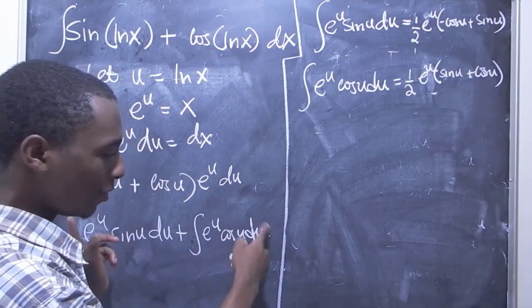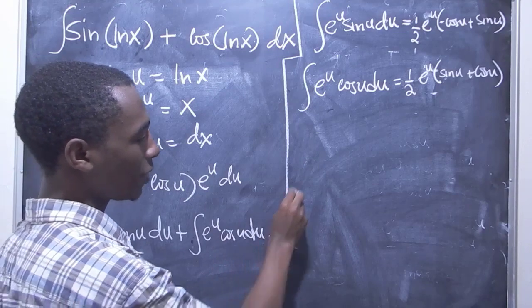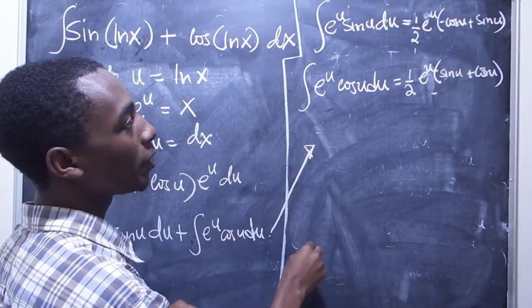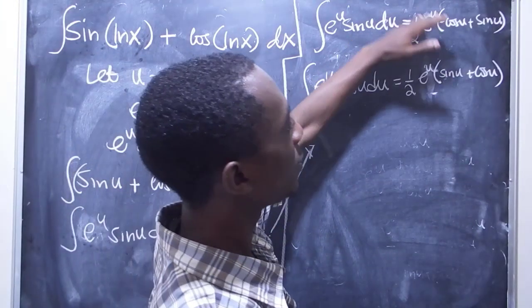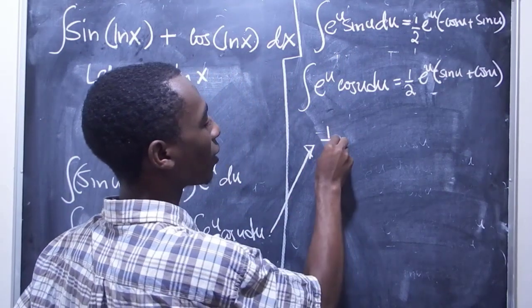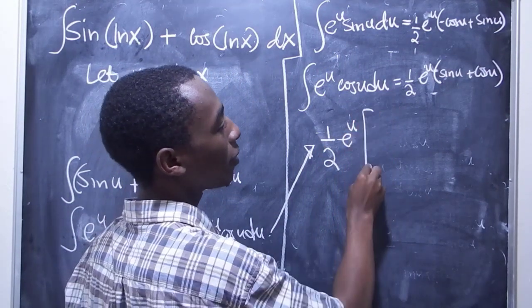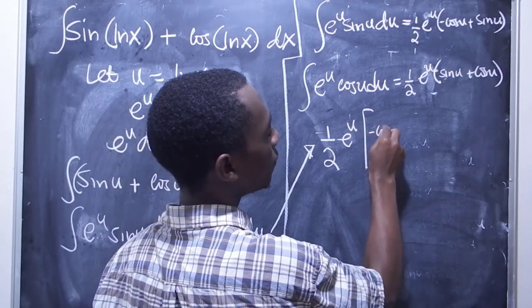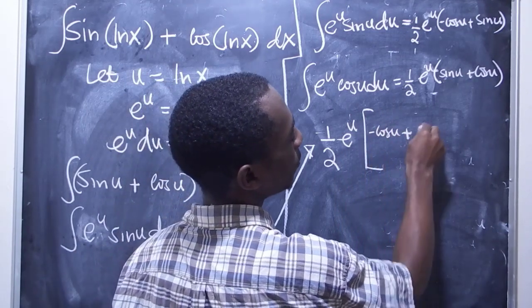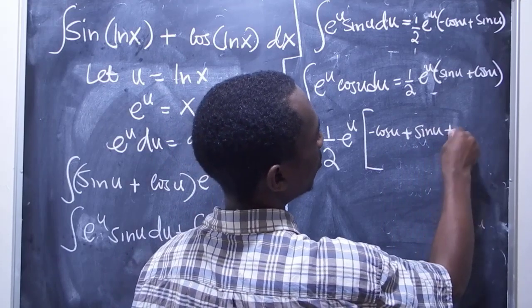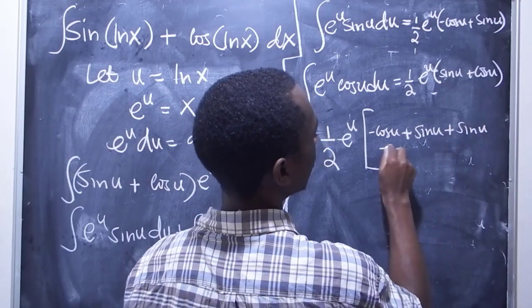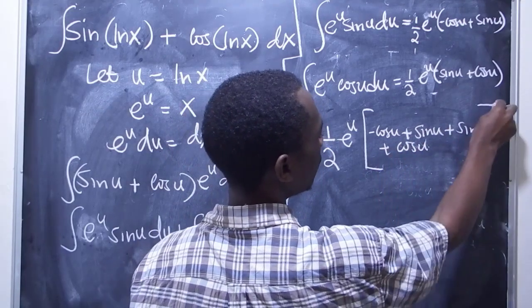Okay, so I just won't repeat this, but I'll just bring that up here. So if I add these two integrals together, I think you can see that a half e to the u is common in both. Then we have negative cosine of u plus sine u plus sine u plus cosine of u.